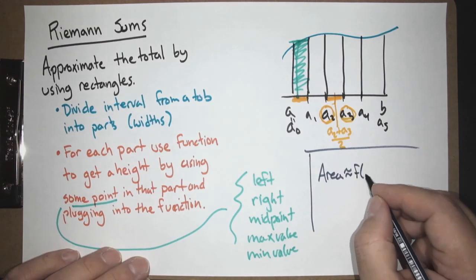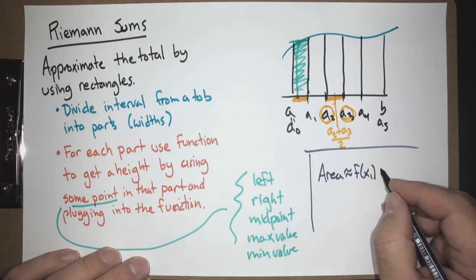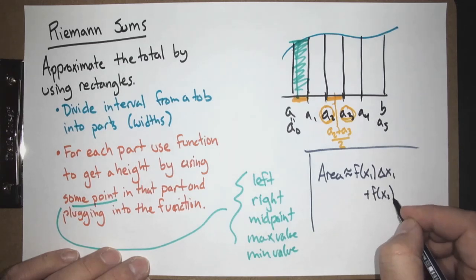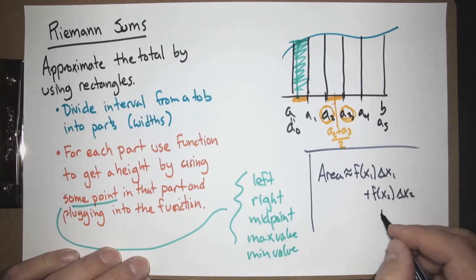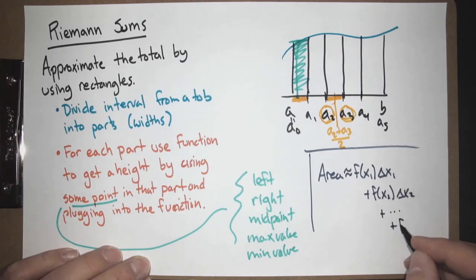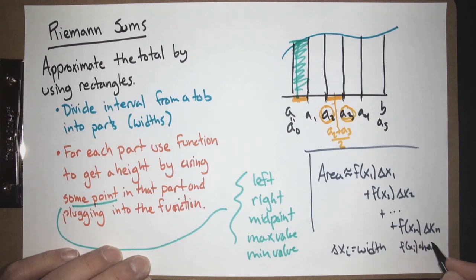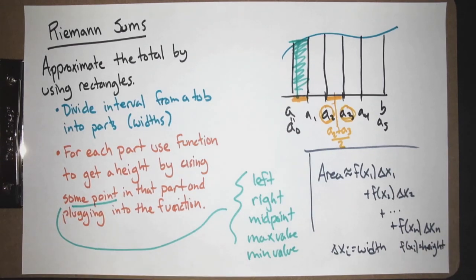The value of the function in the first interval times the width of the first interval, plus the value of the function in the second interval times the width of the second interval, and so forth until you get to the value of the function in your last interval times the width of your last interval. So delta x_i, this is your width, don't forget. f of x_i, this is your height. So you're adding up a bunch of rectangles. So Riemann sums are rectangles. Add up a bunch of rectangles and you're approximating your area.